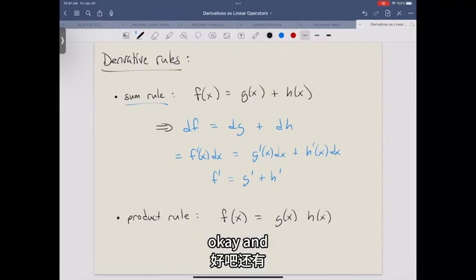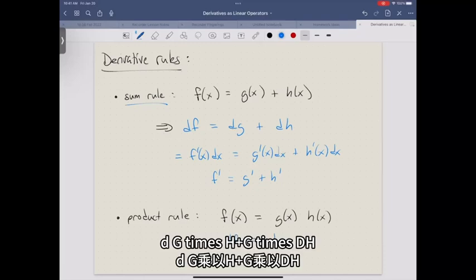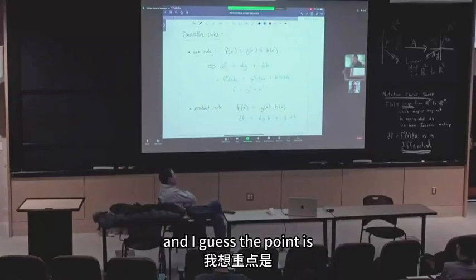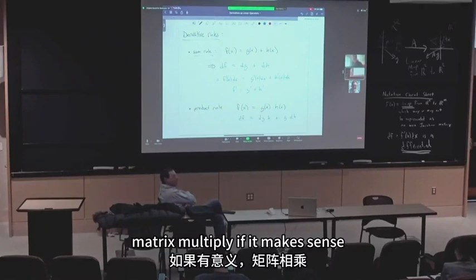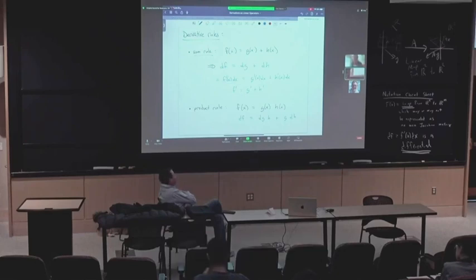Okay. And so then df is going to be just dg times h plus g times dh. And I guess the point is, whenever gh makes sense, whether it's element-wise products or matrix multiply, the rule holds.